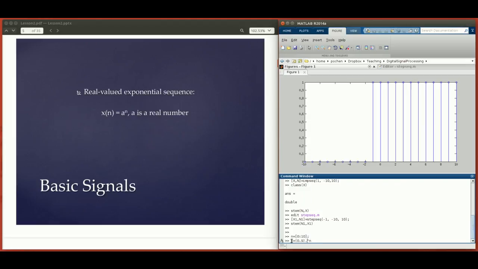So the first element inside of x is gonna be 0.9 raised by 0th power. And then the second element in x is going to be 0.9 raised by the power of n, 1. And then the last element inside of x is going to be 0.9 raised by the power of 10. So let's just compute it. And then let's try to make a plot of it.